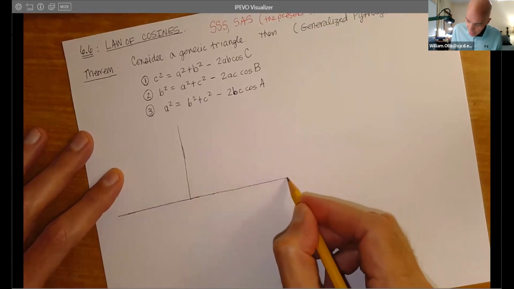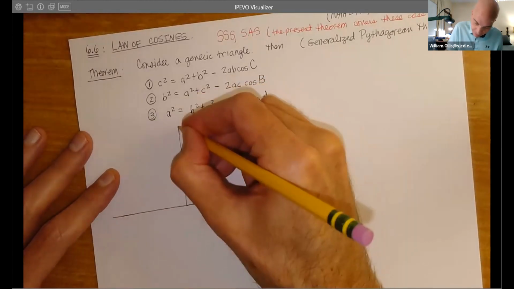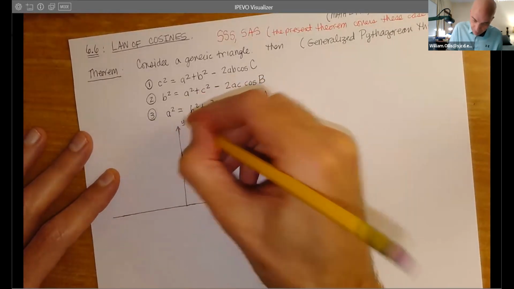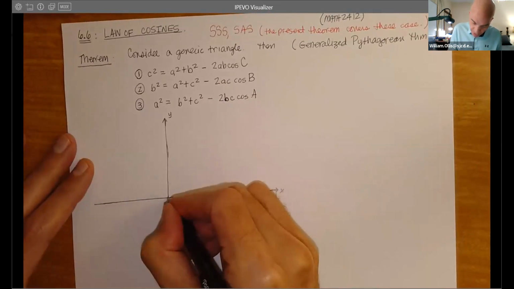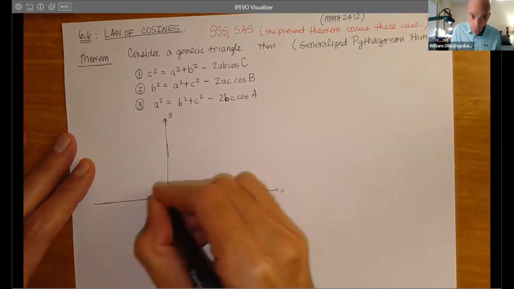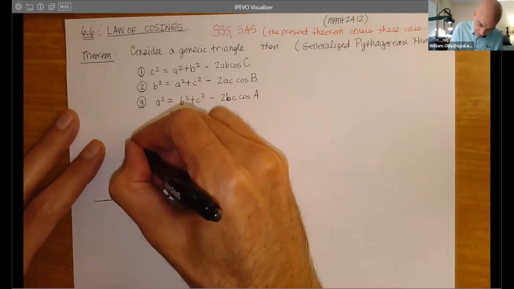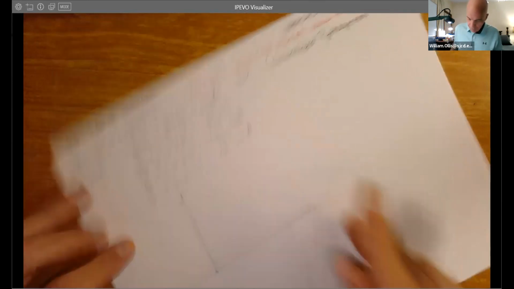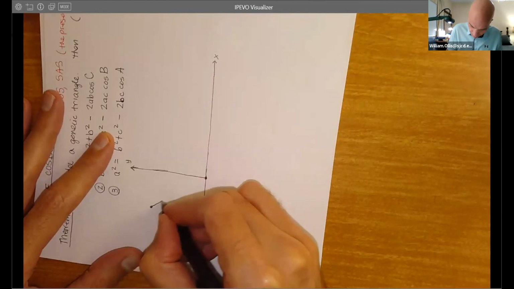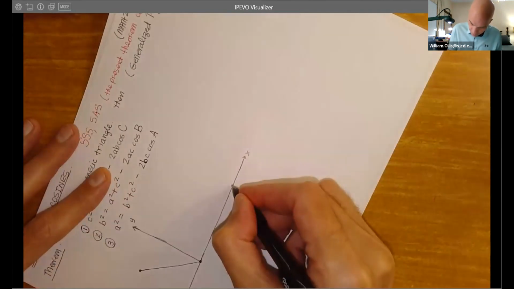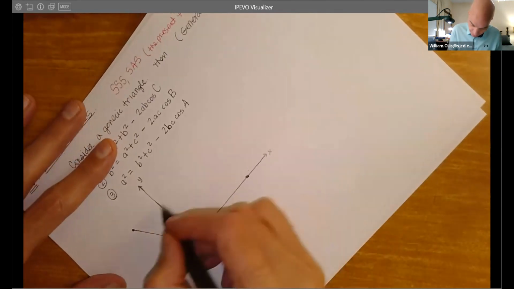So here's our x-axis, and here's the y-axis. It doesn't matter how you label this. I'm going to put one vertex here, and it's going to be obtuse, so I want this to be an angle that's in the second quadrant. And then just take a point here for the third side and connect this.